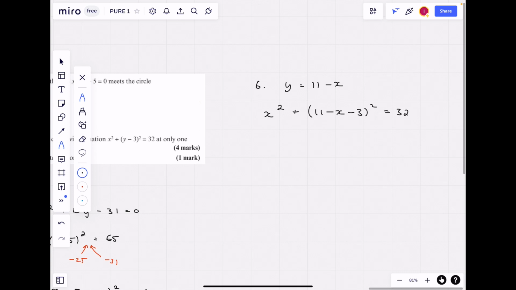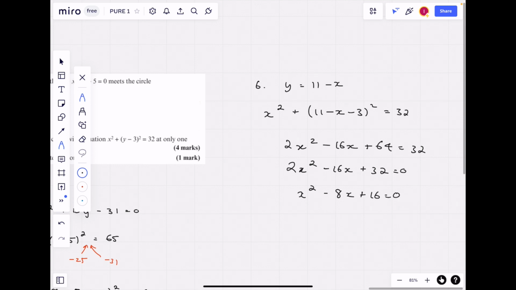You're going to expand, you're going to simplify, and move it over. Divide it all by 2 because you can. And then solve, like this. Which means you only have one solution.